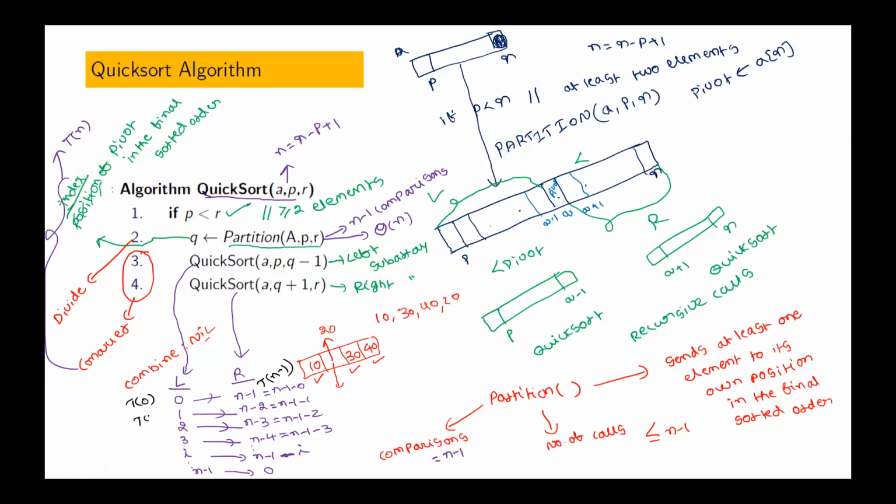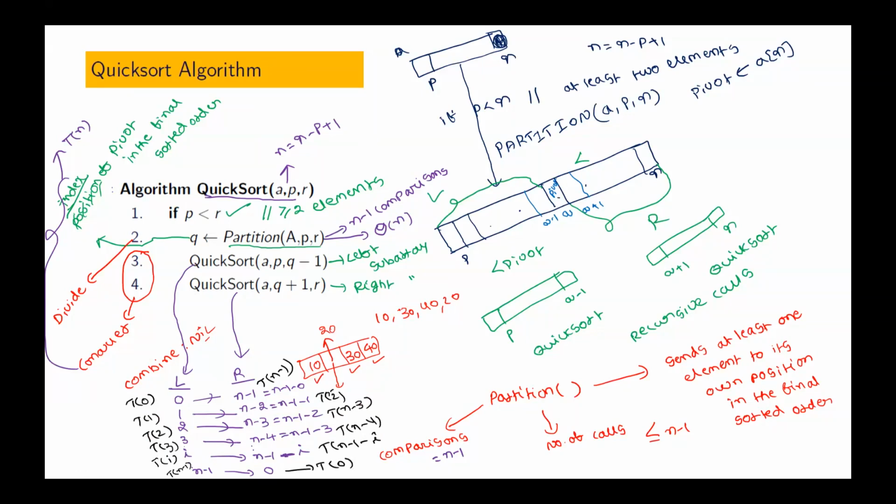The other combinations: one side 1, other side n minus 2; one side 2, other side n minus 3; one side 3, other side n minus 4; and so on, one side i, other side n minus 1 minus i; one side n minus 1, other side 0. Anything can happen.